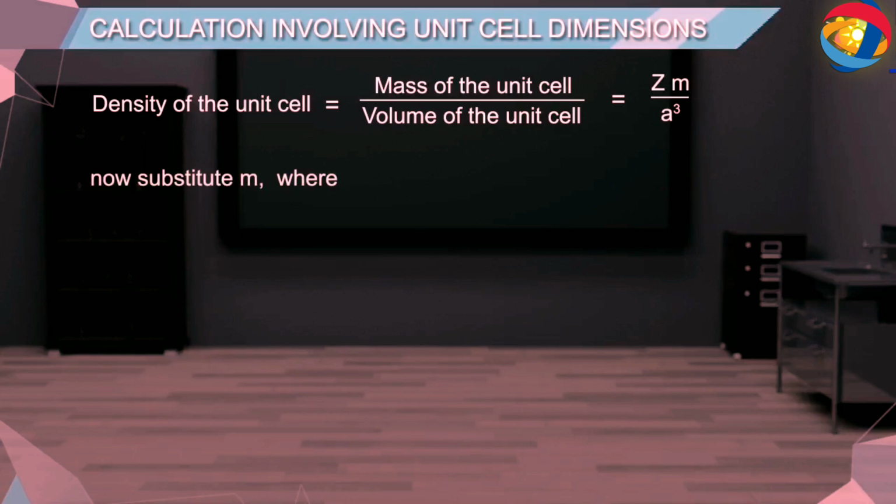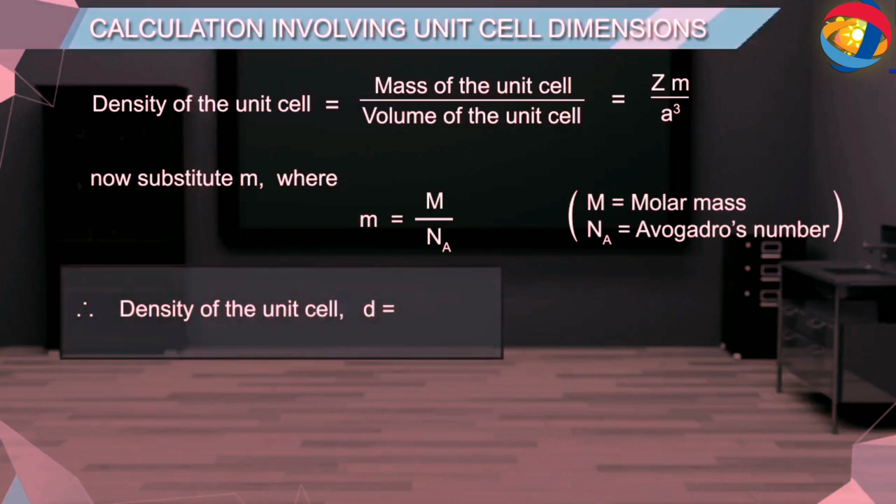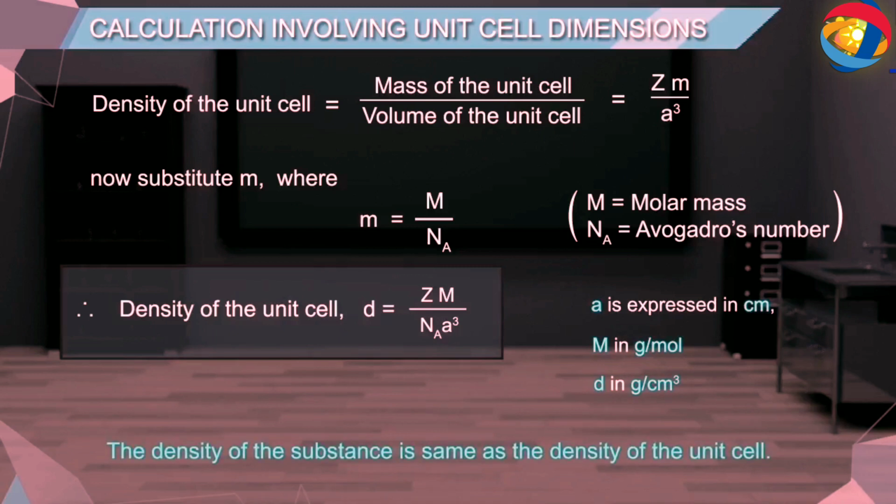Now substitute m, where m is equal to M by N_A. Therefore, the density of the unit cell d is equal to ZM by N_A a cube, where a is expressed in centimeters, M in grams per mole, and d in grams per cubic centimeter. The density of the substance is the same as the density of the unit cell.